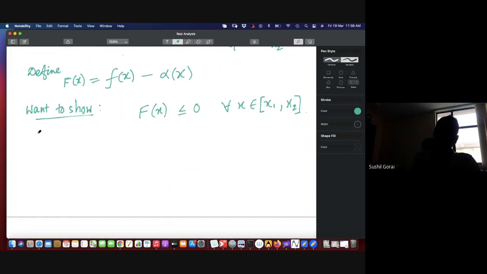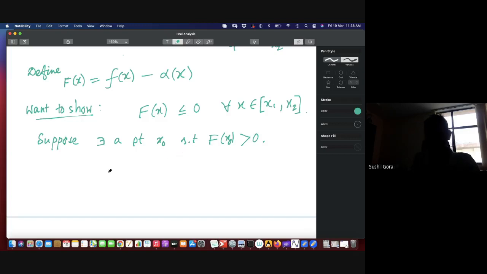All right, suppose not. Suppose there exists a point, let's say x naught, such that capital F x naught is greater than 0.